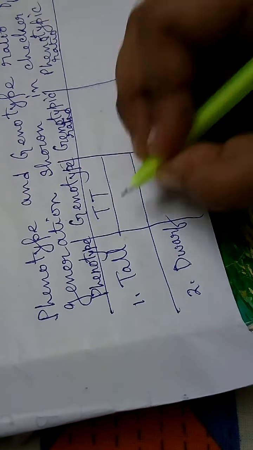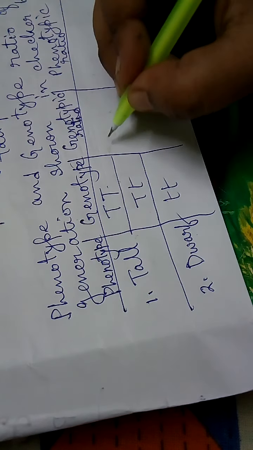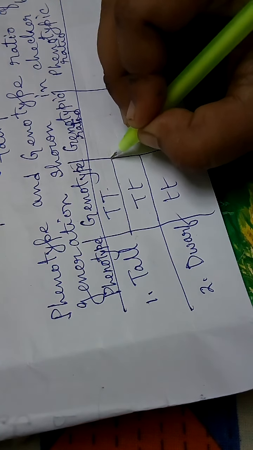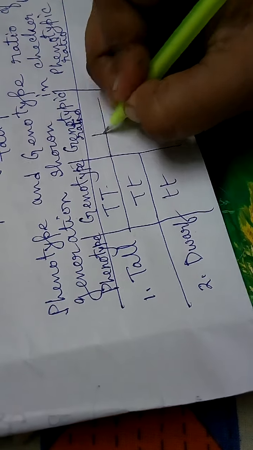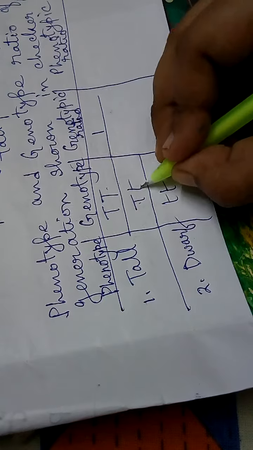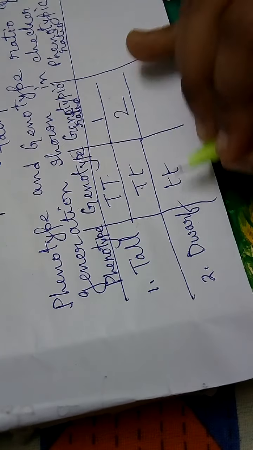Next come to the genotype. Tall, pure tall, capital T, and hybrid tall, that is capital T small t, and pure dwarf small t. How many pure dwarf do we get from the F2 checkerboard? That is 1. Capital T small t, how many hybrid tall are here? 2. And small t, that is 1.